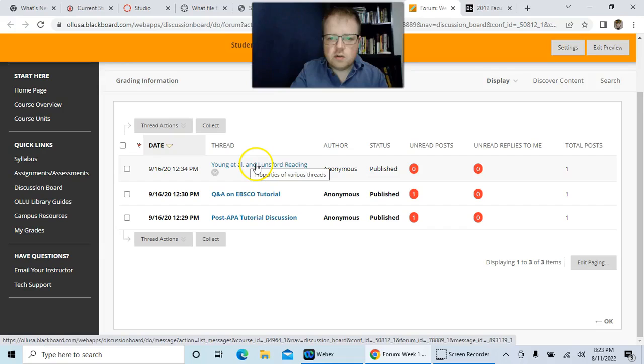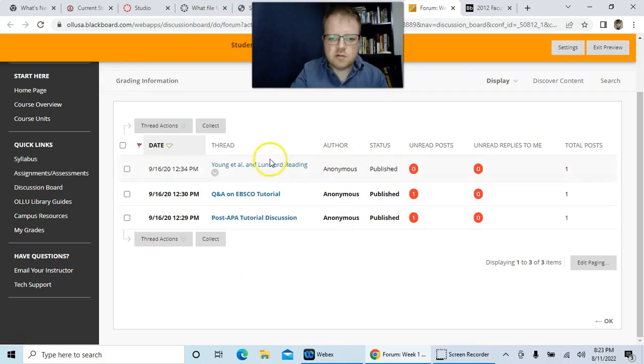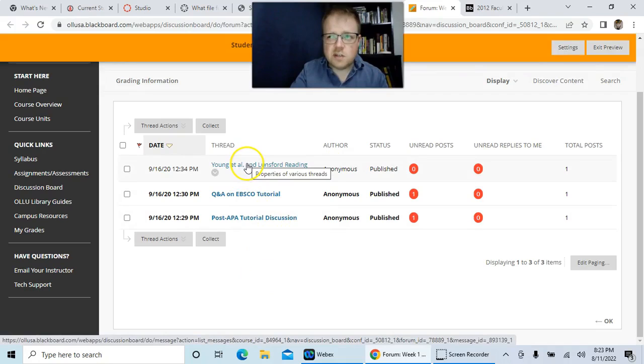So I'll break this down really quickly. The way the discussion works is that on the first 3 days of the week, you're expected to go through and respond to every one of these discussion posts. The first 3 days of the week are Saturday, Sunday, and Monday for us, because of how the weeks work in this class.